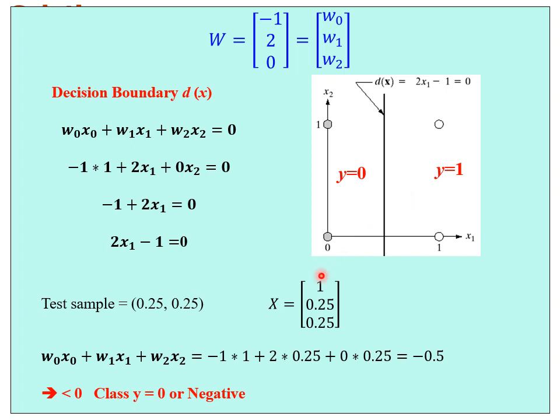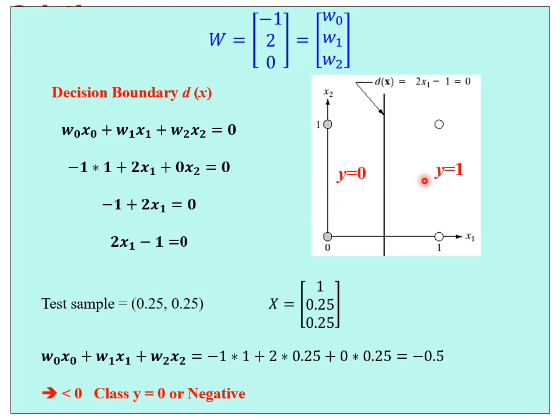Now once this decision boundary is obtained, if a test sample is presented, it is possible for us to find out the class of this test sample. With this decision boundary, if our test sample is towards the left of the decision boundary, then we say that the sample belongs to the negative class.